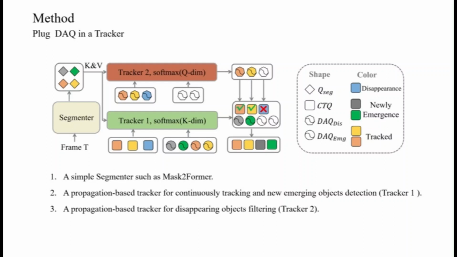The tracker1 takes continuously tracked queries, CTQ, and emergence DAQ as inputs and is responsible for tracking continuously appearing and newly emerging objects, while the tracker2 receives disappearance DAQ along with several learnable background embeddings as inputs and identifies disappearing objects in the current frame. Despite introducing an additional tracker, it's worth highlighting that the computational overhead is minimal, constituting less than 2% of the overall computational cost.